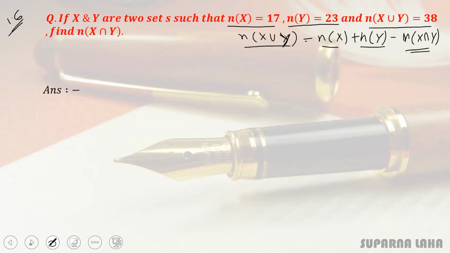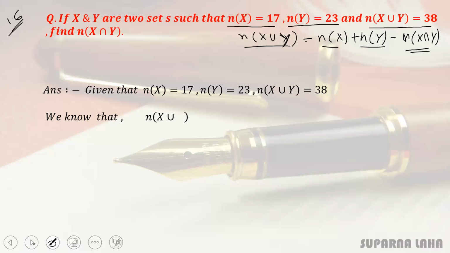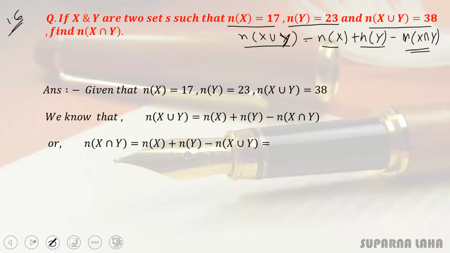So write down the given data first and then write down the formula. Then from the formula, the number of elements in X intersection Y is the number of elements in X plus the number of elements in Y minus the number of elements in X union Y.